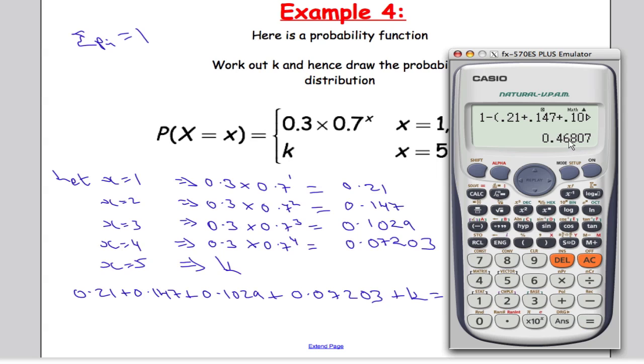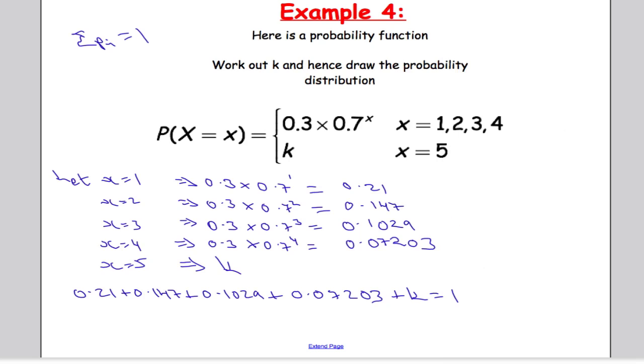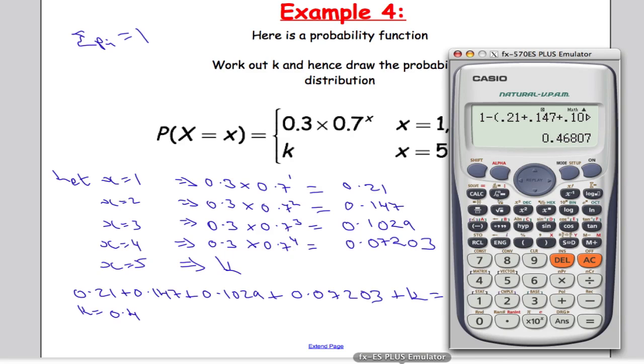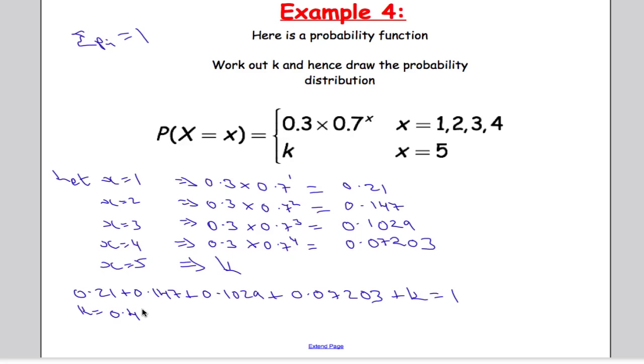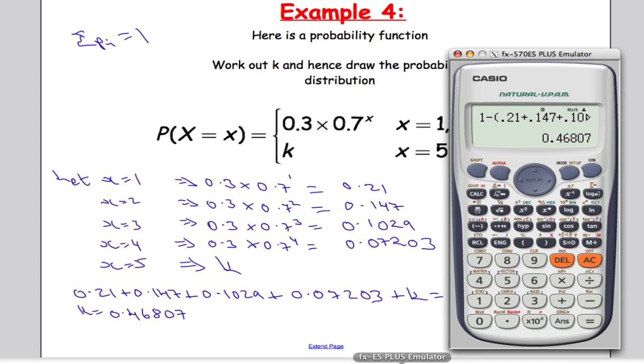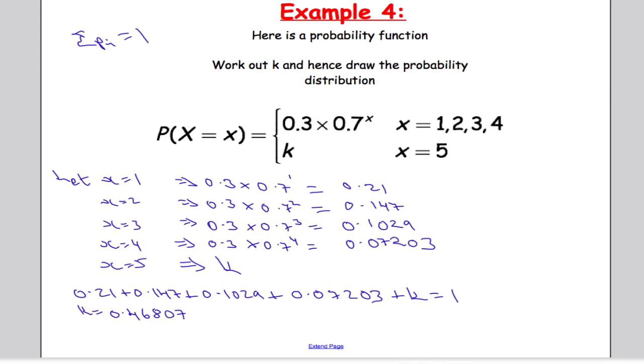So we get 0.46807. So k equals 0.46807. Okay, excellent. Now we know what k is.